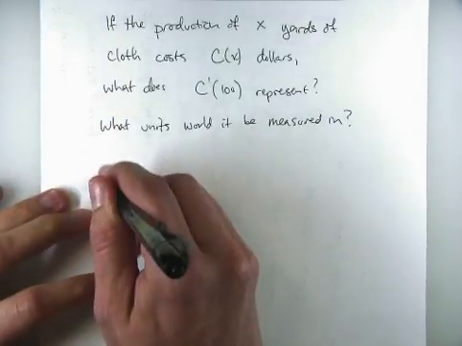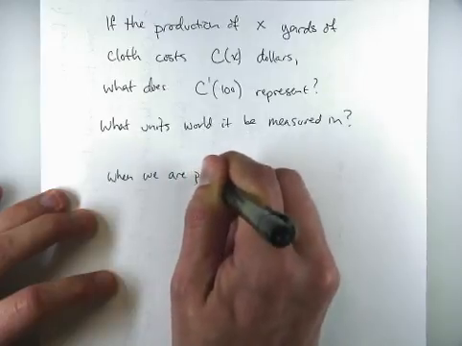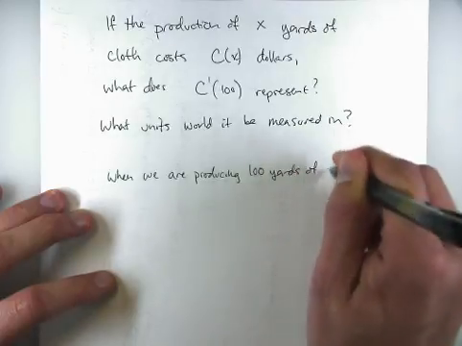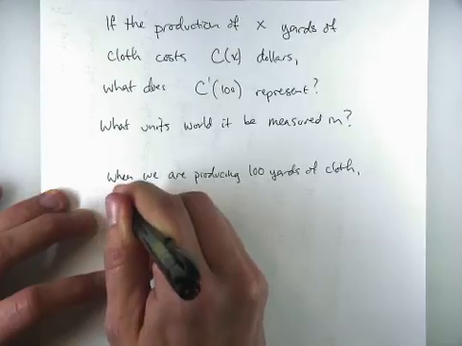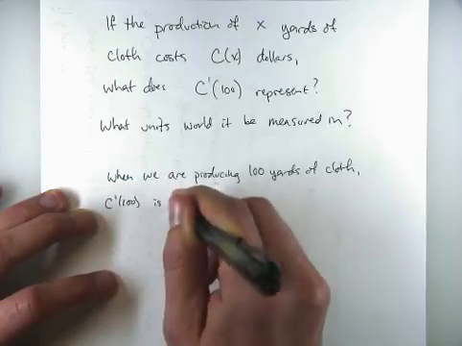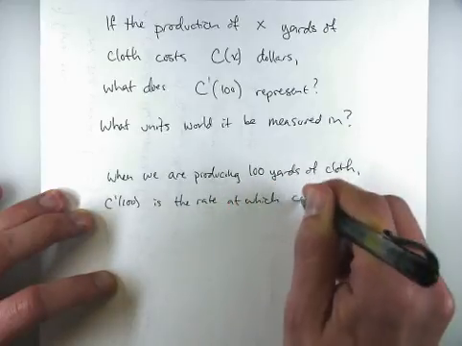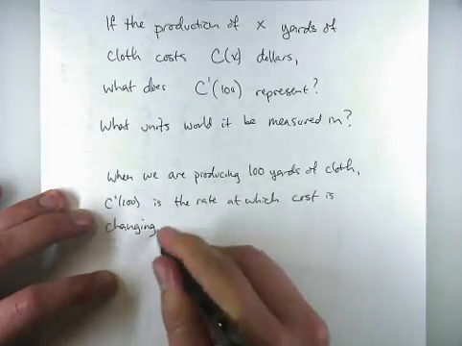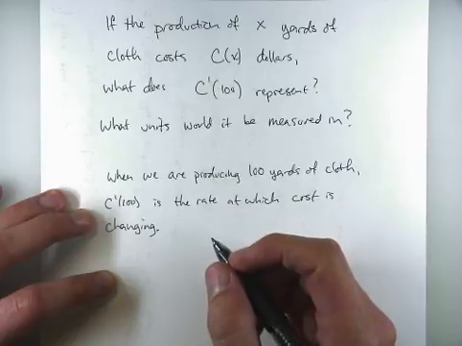So when we are producing 100 yards of cloth, C'(100) is the rate at which cost is changing, right? It's how quickly the cost is increasing or decreasing.